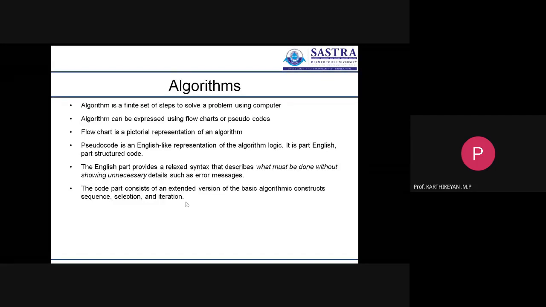It is up to the programmer's wish to choose the type of looping or iteration statement. No need to write it as a for loop, a while loop, or a do while loop. Simply specify loop, and within the loop write whatever statements we need, and end loop. That's it.